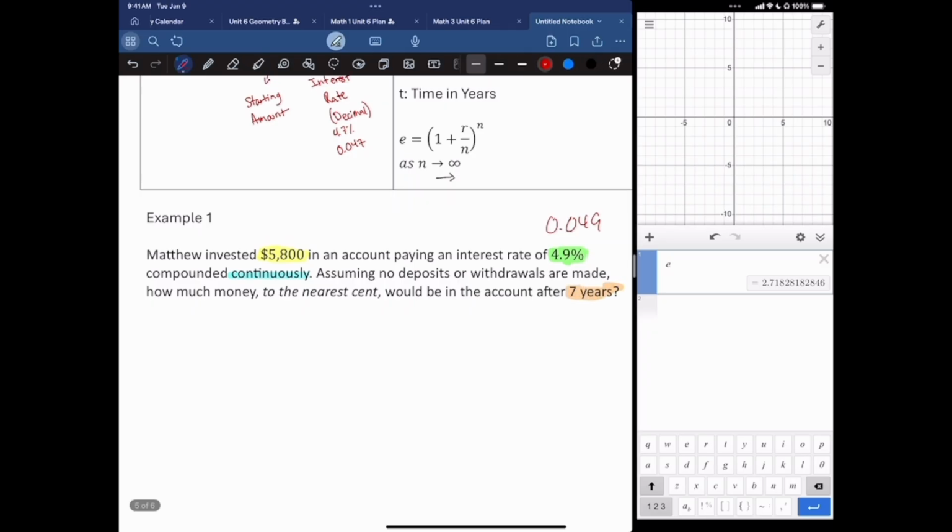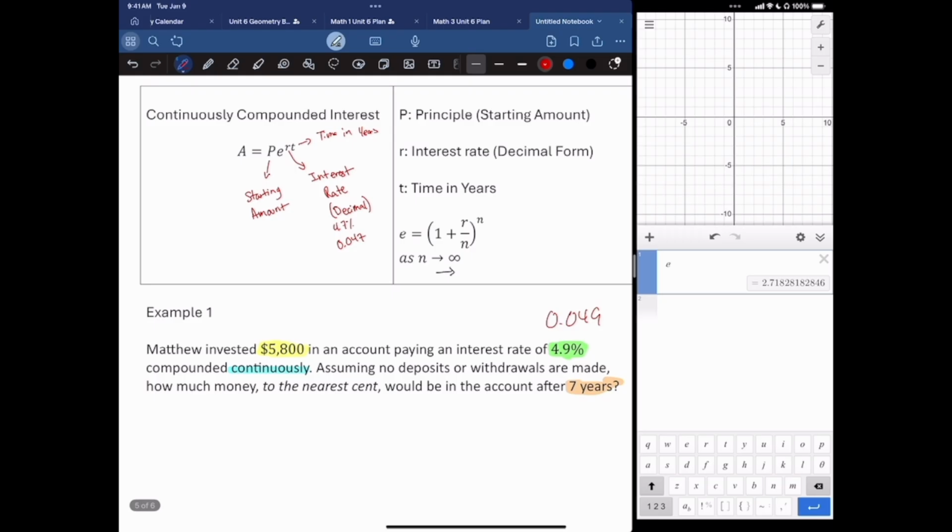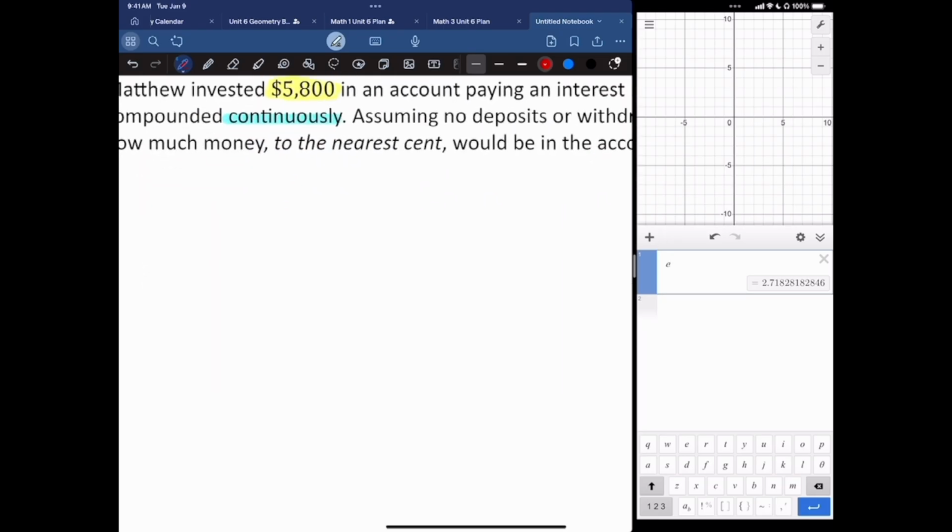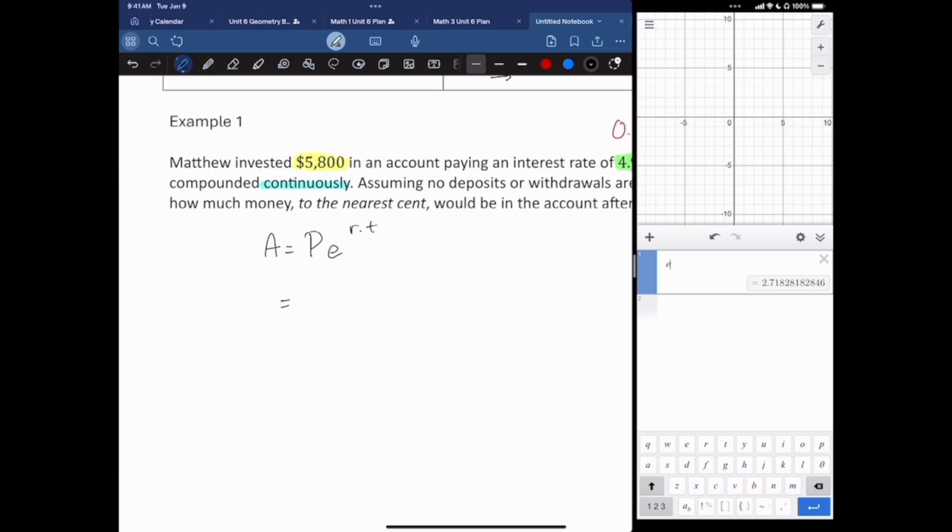I'm looking right at my formula here, and I'm just going to copy it down. It's now A equals my principal times E to the R times T. My principal in this problem is 5,800, so I'm going to highlight that.